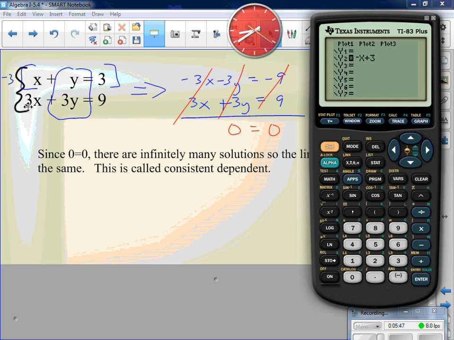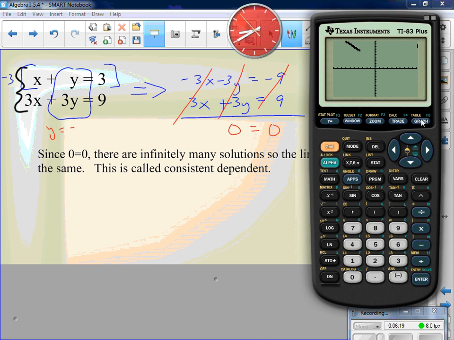If I move the 3x over, then I have to divide everything by 3. y equals, in parentheses, negative 3x plus 9, and I have to divide it all by 3. And I'm going to make this line here darker.